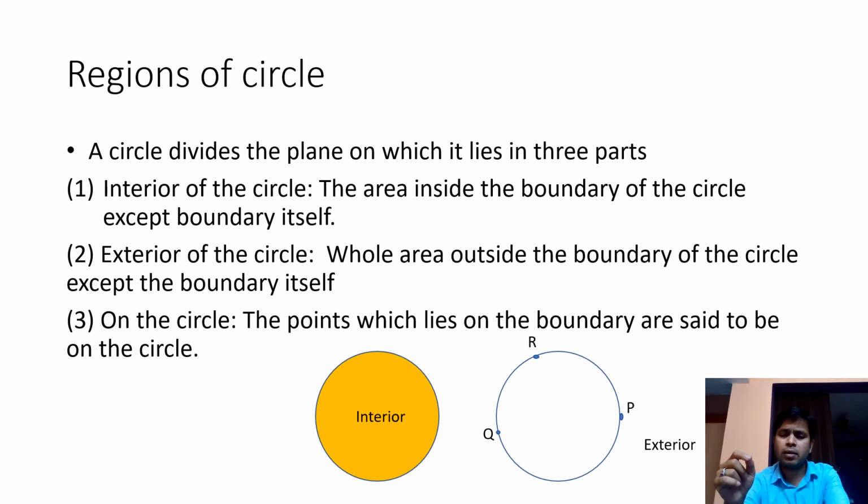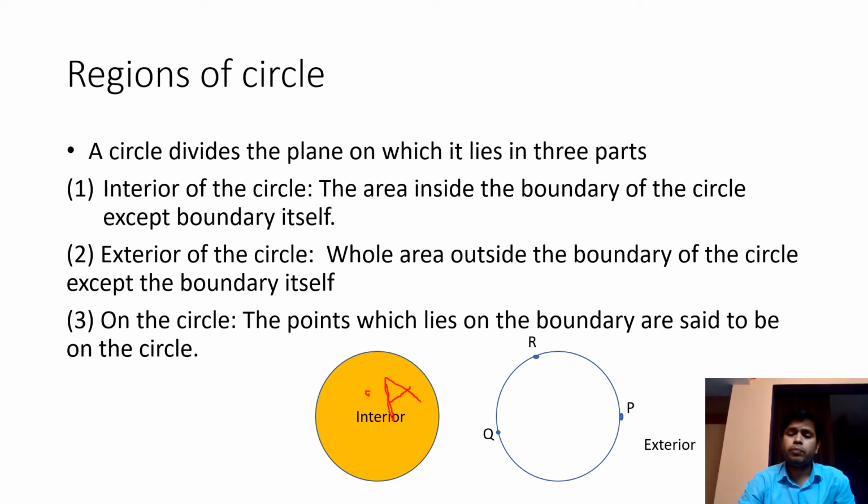And on the circle are the points which lie on the boundary. In this figure, we can see R and P are on the boundary, not in the interior, not in the exterior. Also we say that A is a point inside, the interior of the circle, right?